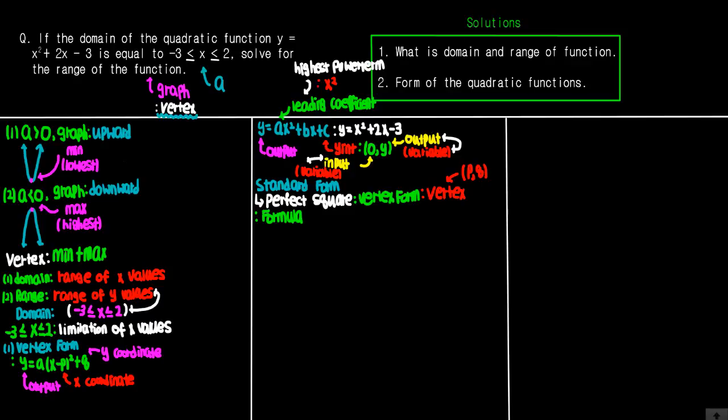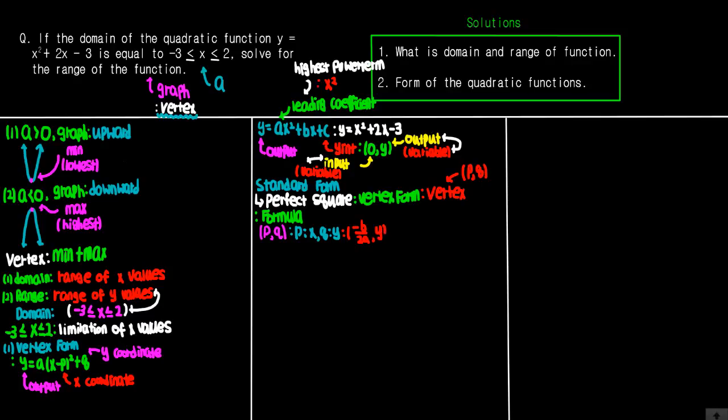And our formula is to solve for the x coordinate in our vertex, which is usually p comma q, where the p value in this coordinate is the x coordinate, and our q value is the y coordinate in our vertex. The formula for solving the x coordinate of our quadratic function is negative b over 2a.